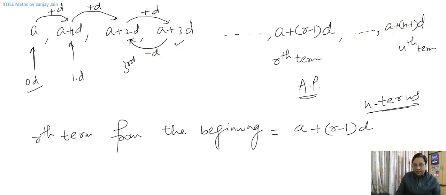So if I take this term as my first term, what I am trying to show you here is that if I start observing it from the end, and this is an n terms arithmetic progression, so this is my last term here.